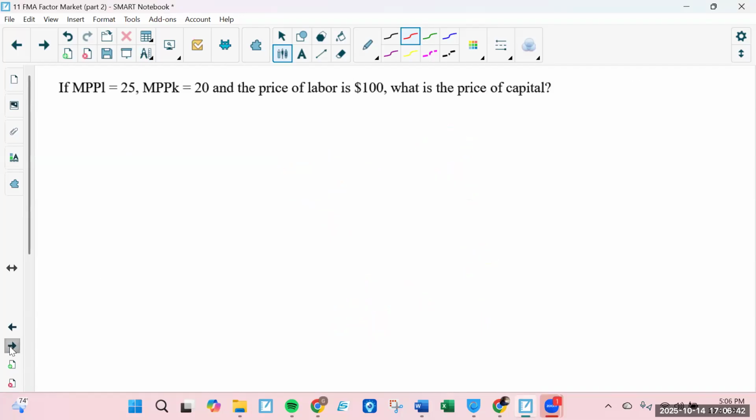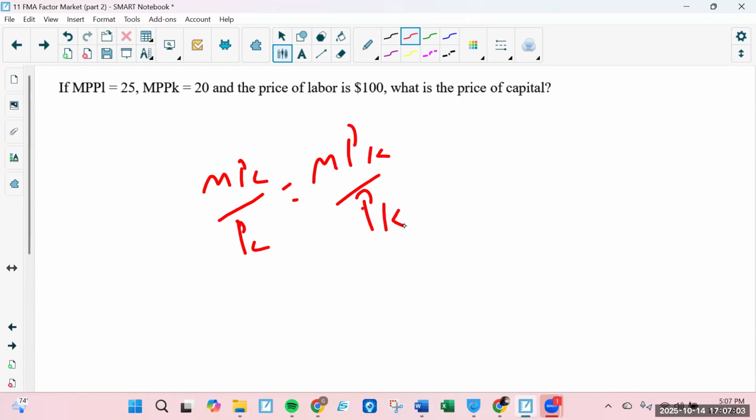All right. Here's another way they can do it. They could say the marginal product of labor is 25, the marginal product of capital is 20, the price of labor is 100. What's the price of capital, assuming that we are meeting the least cost rule? So again, marginal product of labor over the price of labor has to equal the marginal product of capital over the price of capital. If they said calculate, we'd have to plug in all the numbers and give the formula.